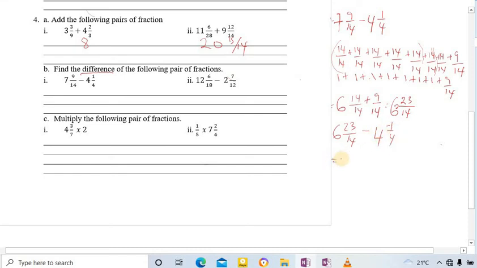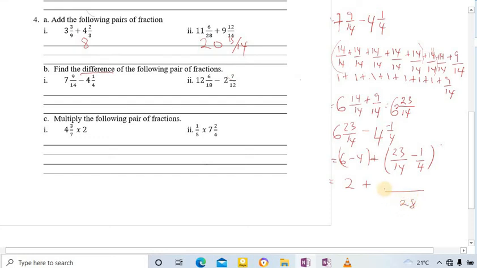So we can now subtract 6 minus 4 and then plus 23 over 14 minus 1 all over 4. So this becomes 2 plus, the LCM of 14 and 4 is 28.